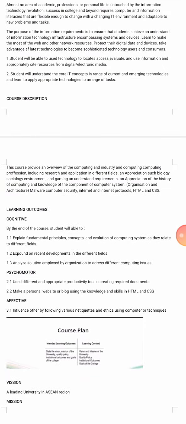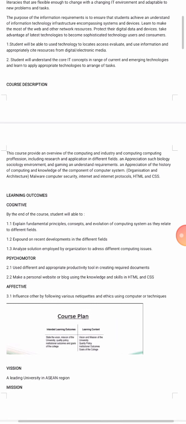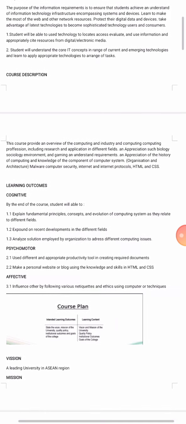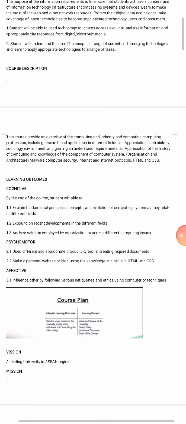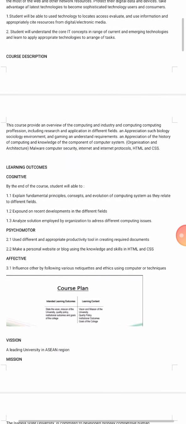Course description. This course provides an overview of the computing industry and the computing profession, including research and application in different fields such as biology, sociology, environment, and gaming, and understanding requirements.